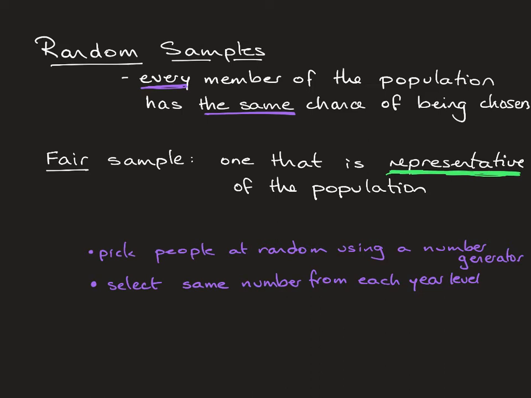Do I just choose the people that are coming in from the northern gate? Or do I just select people whose names start with the letter P? How do I pick them, and what are the problems with all of those selection methods? All of them have issues. Not everyone gives every member the same chance, and some of them aren't representative of the particular population.